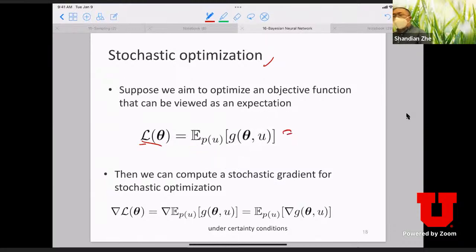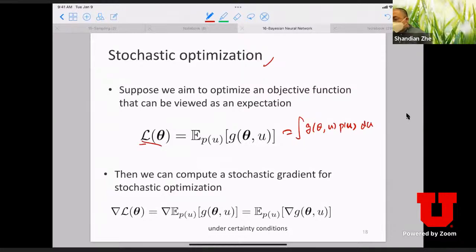And according to the definition, we reviewed this concept a long time ago at the early beginning of this semester, right? From the definition, this objective function should be written as the integral of this g function multiplied by the probability density of u, du, right? So this is the definition of expectation, right?